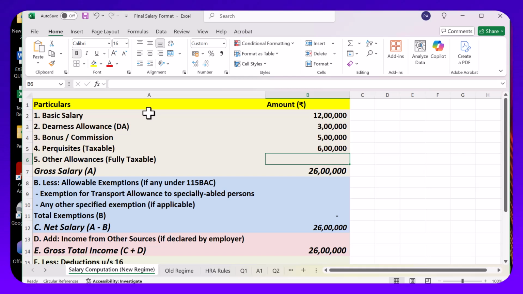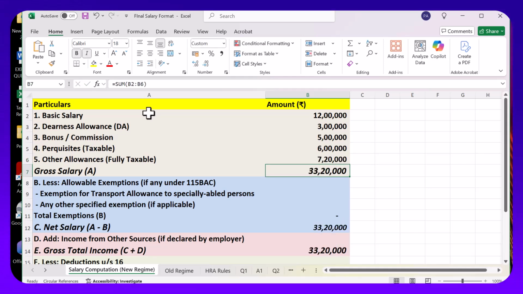Suppose the company is giving you say 50,000 or 60,000 rupees rent per month, so that you can choose your own house and pay whatever amount you want. Either you want to pay 50,000 or 60,000 or 70,000, it all depends upon you. So they will give you some allowance. Suppose that comes to 7,20,000, which is 60,000 rupees per month.